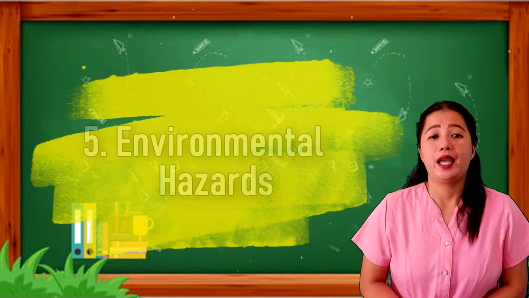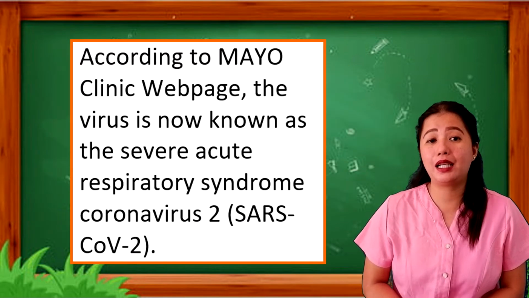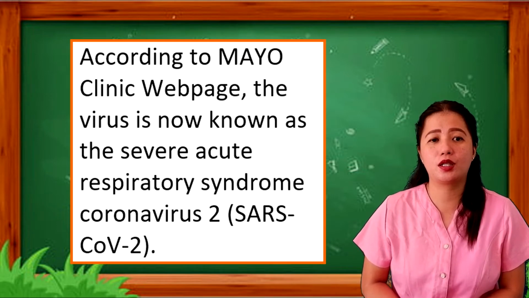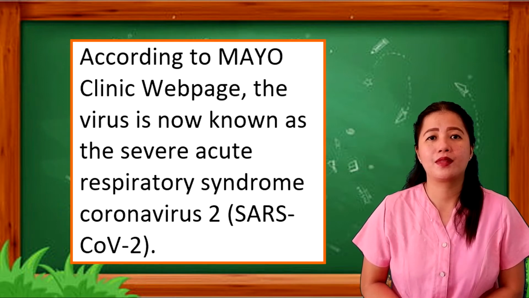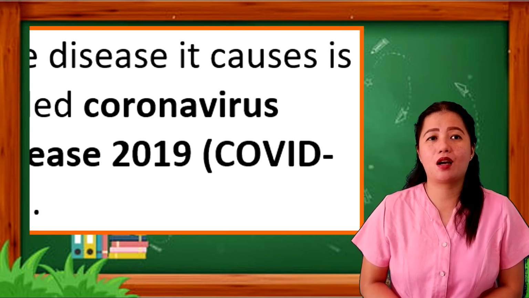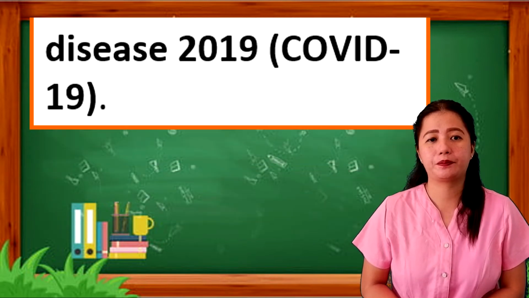Number 5, environmental hazards. According to the Mayo Clinic webpage, the virus is now known as Severe Acute Respiratory Syndrome Coronavirus 2, SARS-CoV-2. The disease it causes is called Coronavirus Disease 2019, or COVID-19.